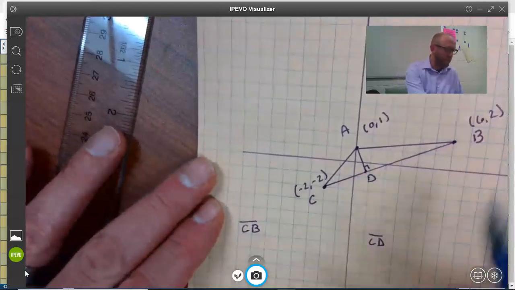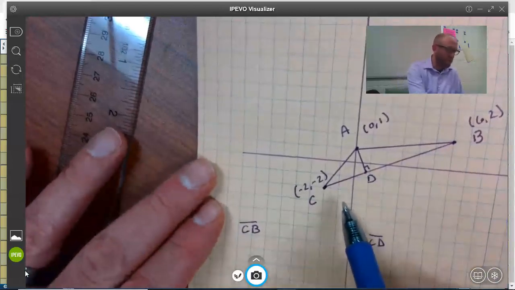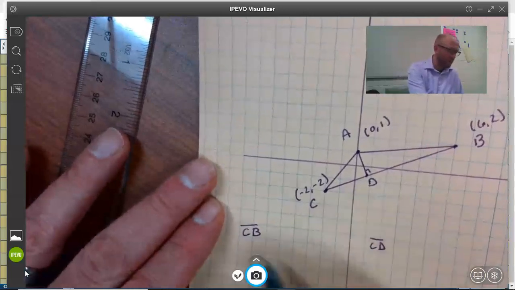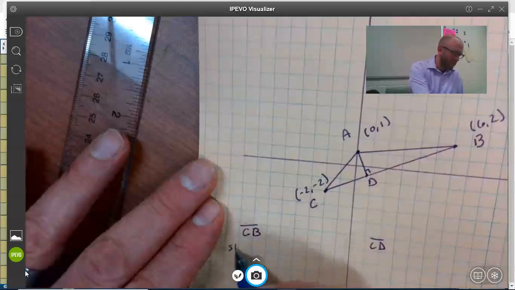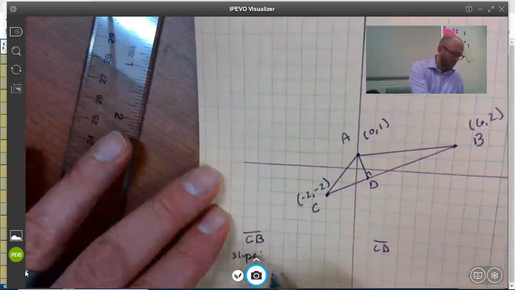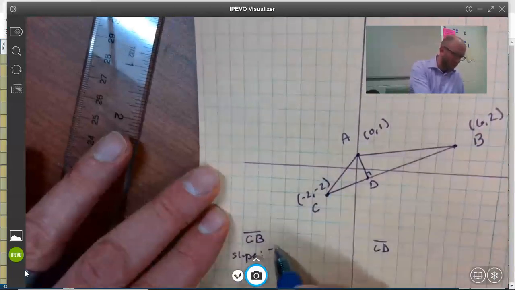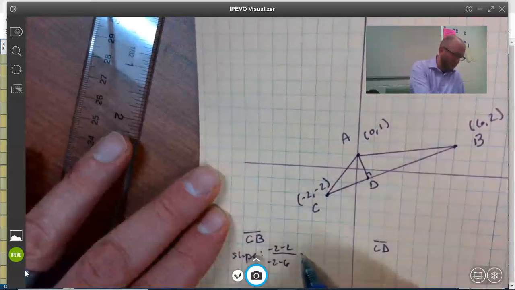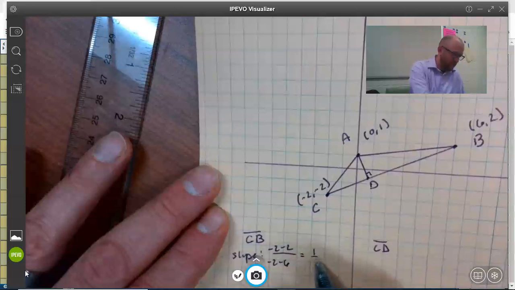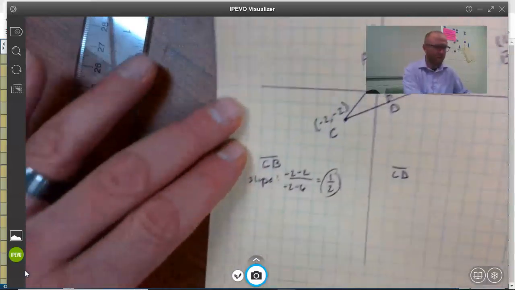So, equation for CB. Our slope is -2 minus 2 over -2 minus 6, which is 1/2.